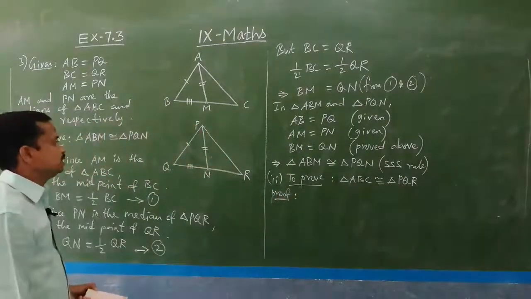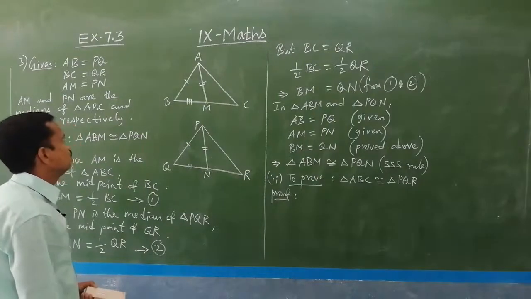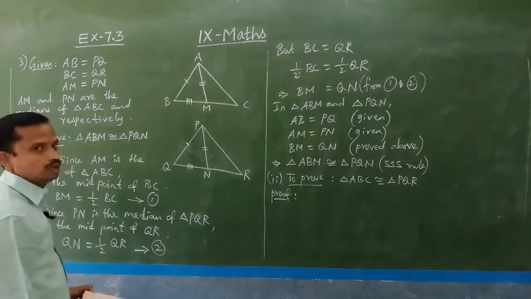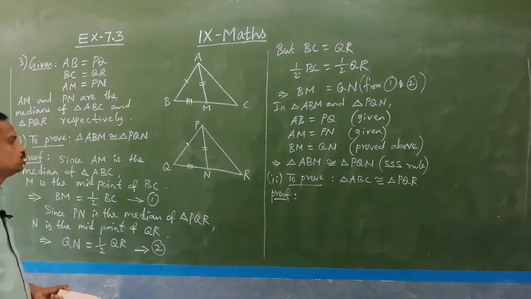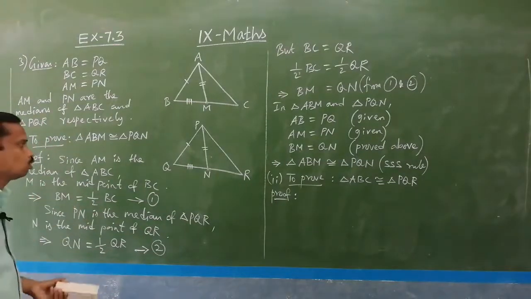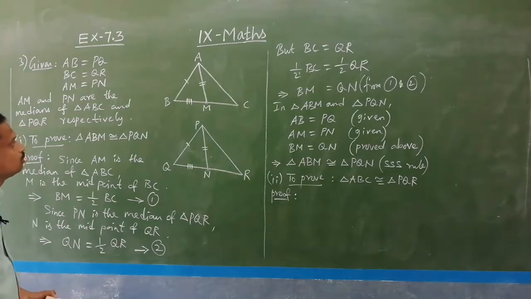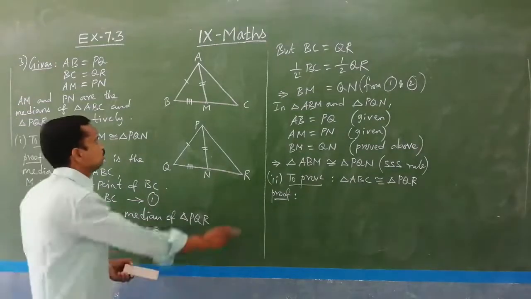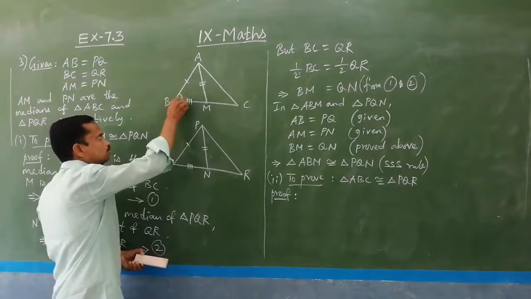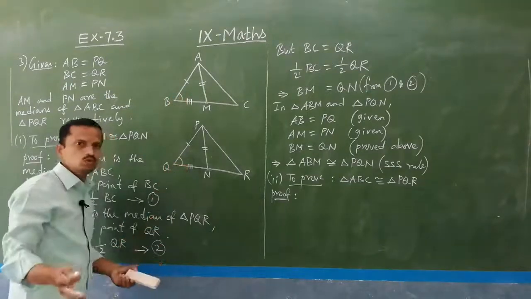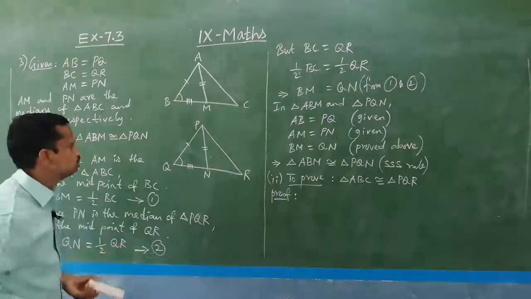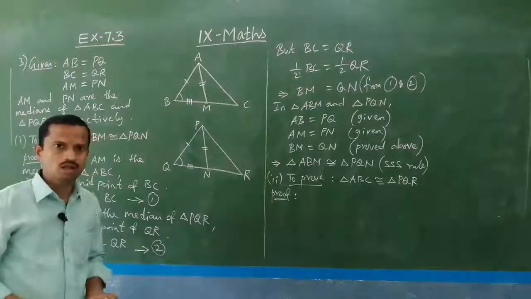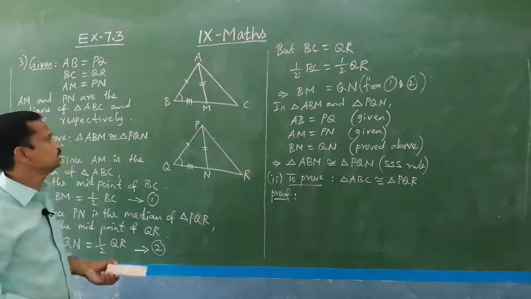In ABC and PQR, we have AB equal to PQ, that is given. BC equal to QR, that is also given. And one more thing we have to say. You see this angle and this angle. If you say angle B and angle Q are equal, then it is easy to say that the two triangles are congruent. How to say that?